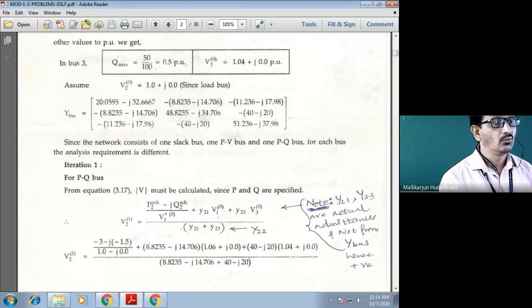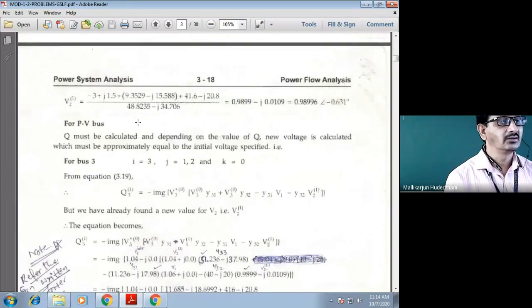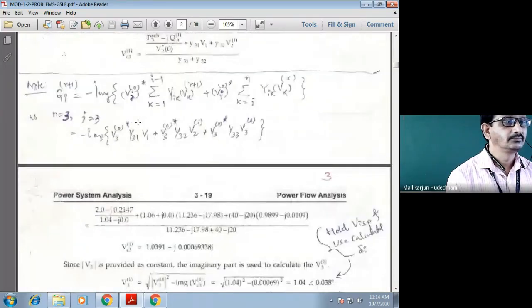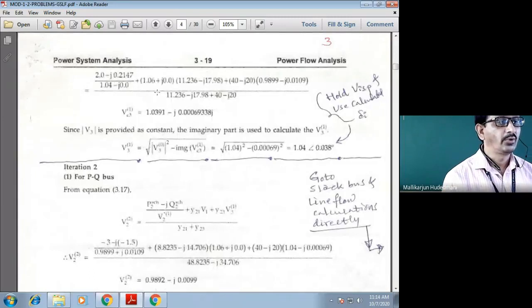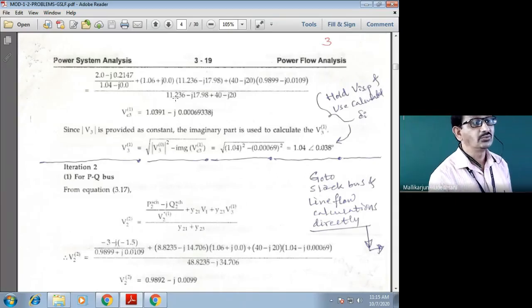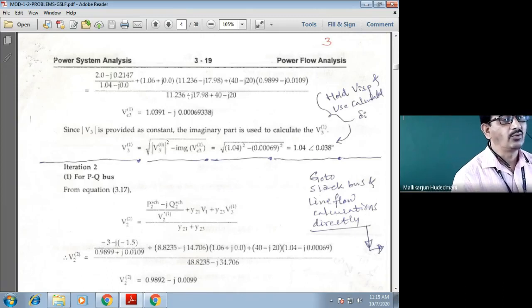It is called as 1, 3, same as 3, 1. That is being referred here. Correct? 11.236 minus 17.9 is called as Y31. Y31 into V1. Similarly, Y32 V2. V2 means computed voltage of second bus in the previous step divided by Y33. What is Y33? Diagonal element of Y bus.